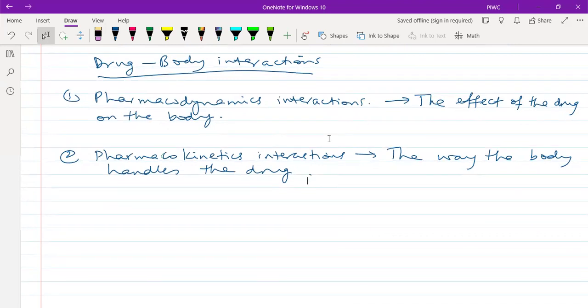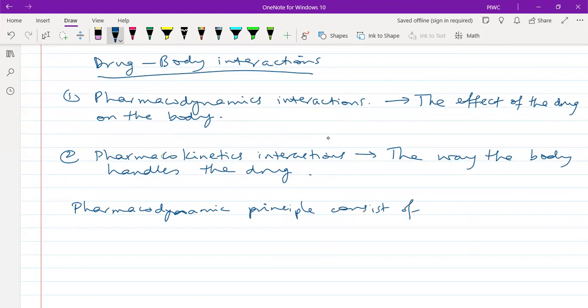So let's talk a little bit about the pharmacodynamic principles. What does it consist of? So the pharmacodynamics principle consists of, one, the drug receptor concept.